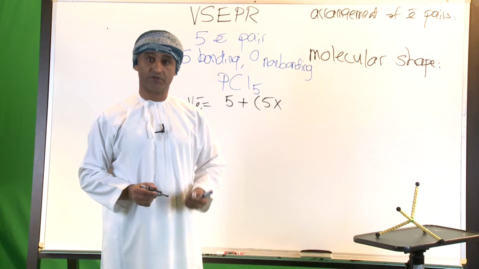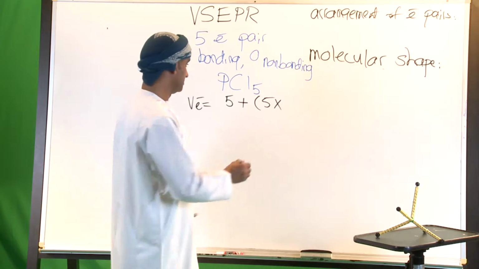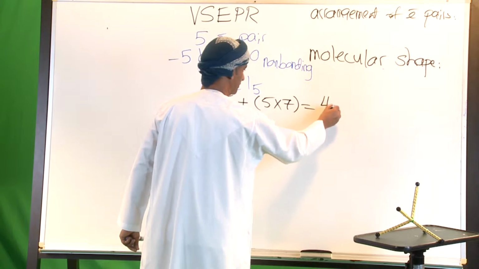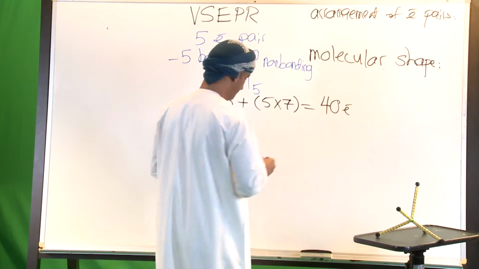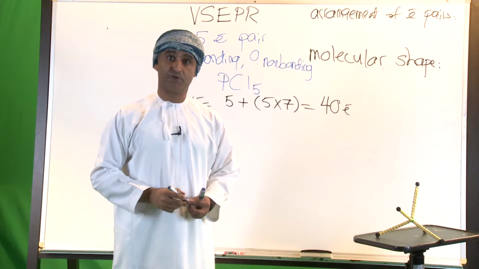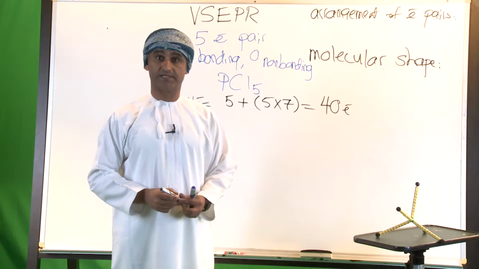So 5 times 7, and the total will be 40 valence electrons in this phosphorus pentachloride case.